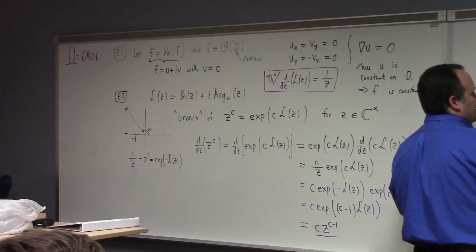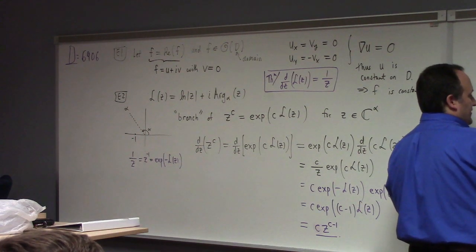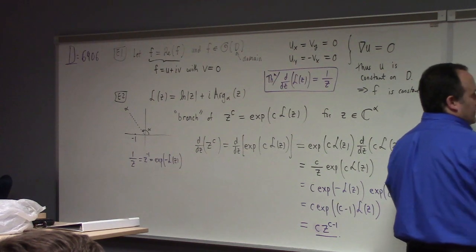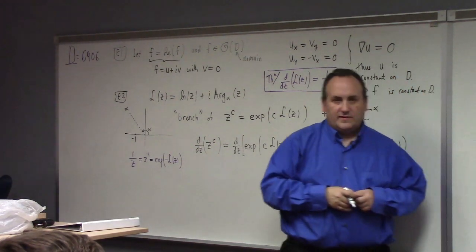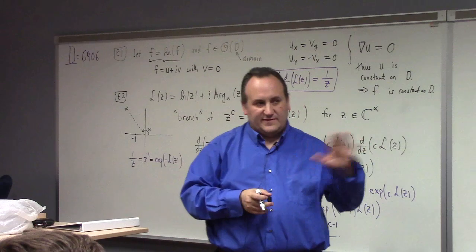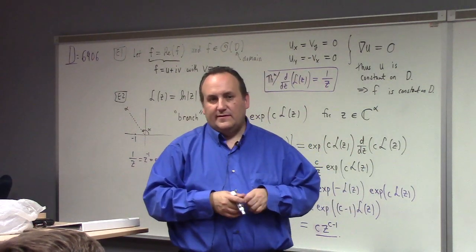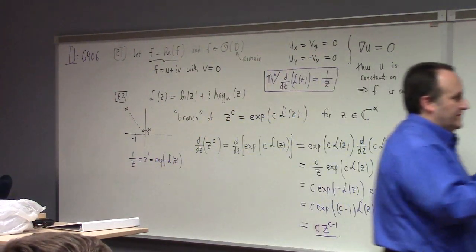Now, of course, here I'm supposing that the real part of w is greater than 0, just for the sake of specificity. That was the problem in your homework. And in that context, there's a formula for the logarithm.